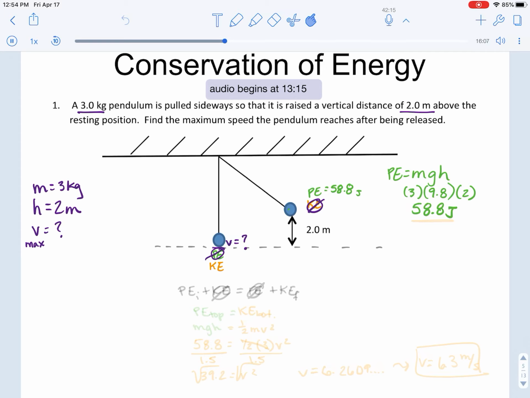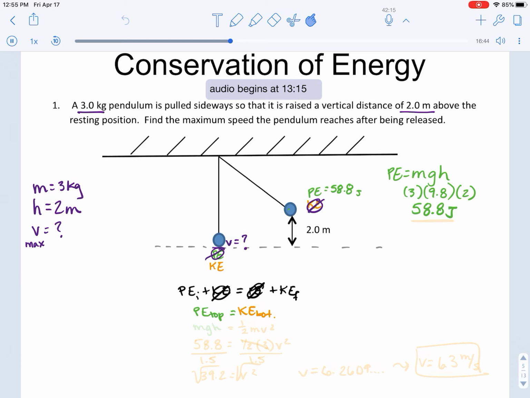So here's where we need to understand that we could either say PE initial plus KE initial equals PE final plus KE final, where my initial kinetic energy is 0, my final potential energy is 0. So it's PE initial equals kinetic energy final, or what I would prefer is just to remember that the PE at the top is equal to the KE at the bottom.